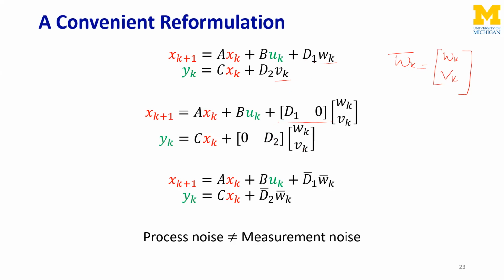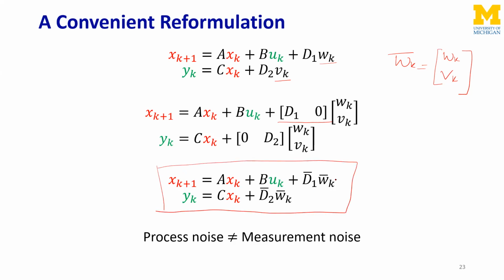So D1 WK and D2 VK are replaced by these matrices times a big random vector. So basically, if we redefine our Ds, D1 and D2, as D1 bar and D2 bar shown here, we can write this equation.